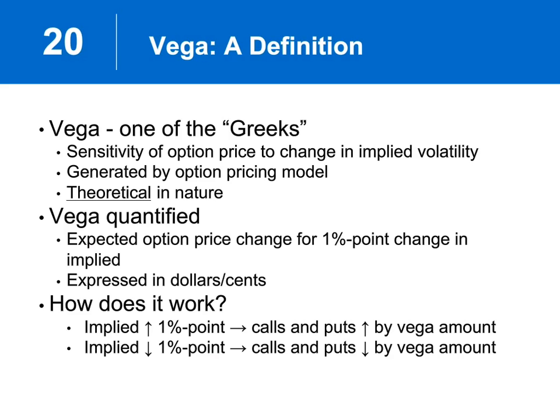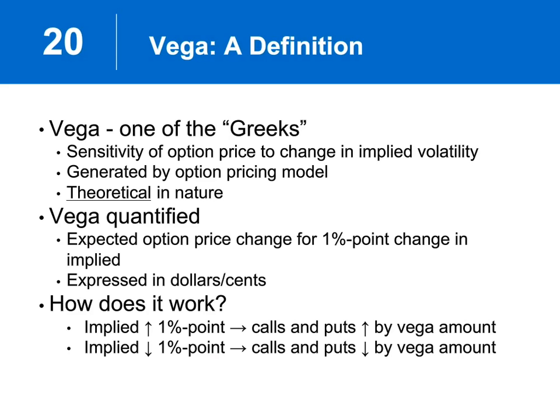So Vega itself, just like delta, is a quantifiable number on your platform. Vega is basically the sensitivity of the option price to the change in implied volatility.